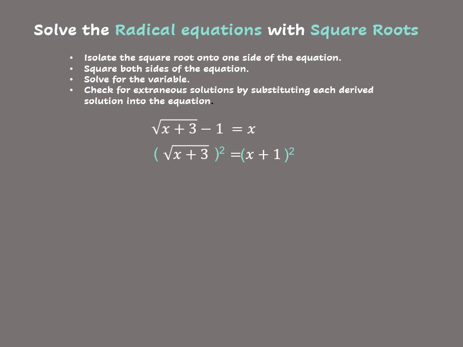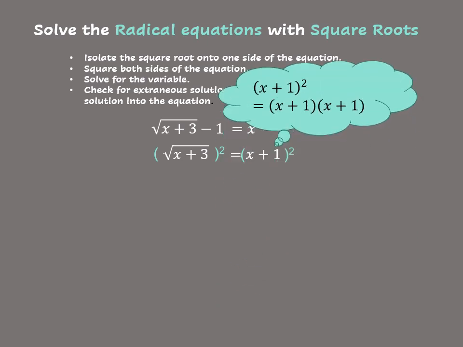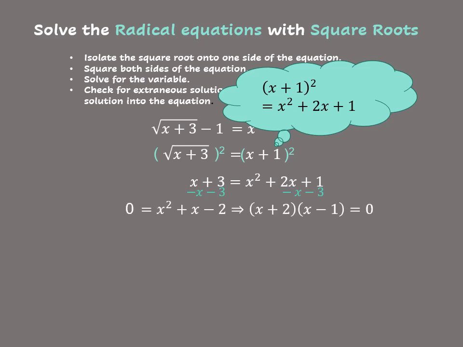Now on the left hand side everything cancels, and on the right hand side we need to use the foiling method. Now we need to set everything equal to 0. We're going to use the zero property, and by using the zero property we got x equal -2 or x equal 1. Keep in mind we're not done yet.